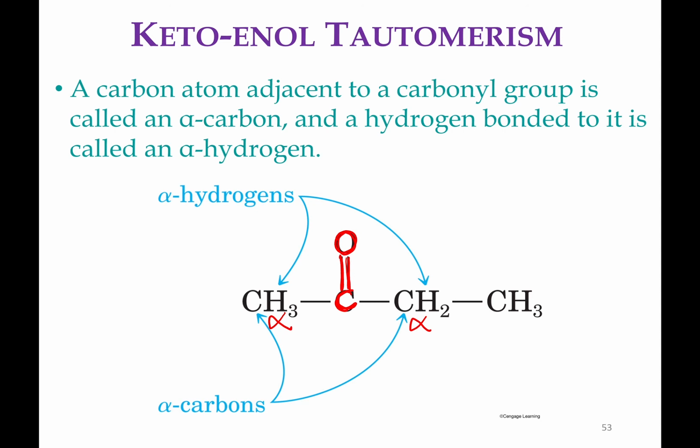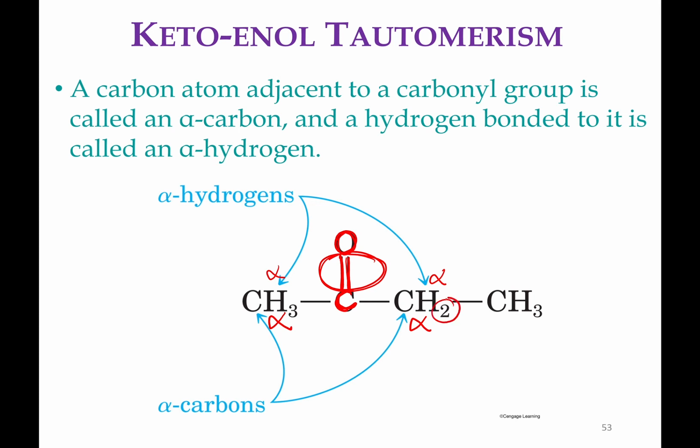On those alpha carbons are alpha hydrogens. Okay, so what happens is they're going to tautomerize. And tautomers means they're isomers which differ in the placement of a hydrogen and a double bond. So this is going to move around.